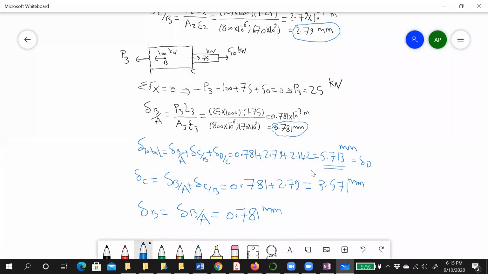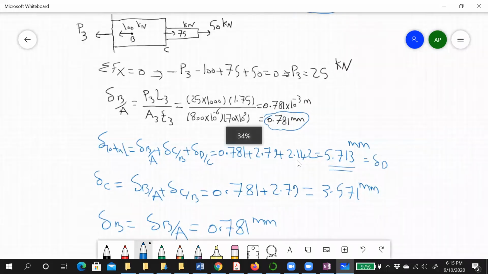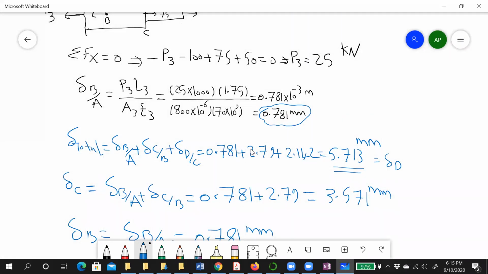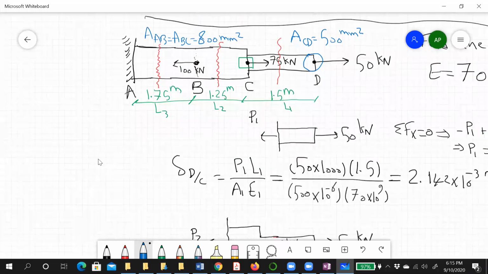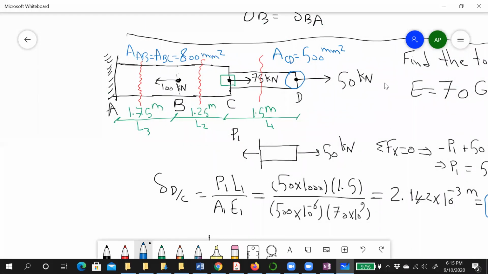So look at these three values: this one is 2, this one is close to 3, this one is 0.7, right? The reason is that this is for the last segment. In the last segment, we have this force 50, then add the 75 force in this segment.